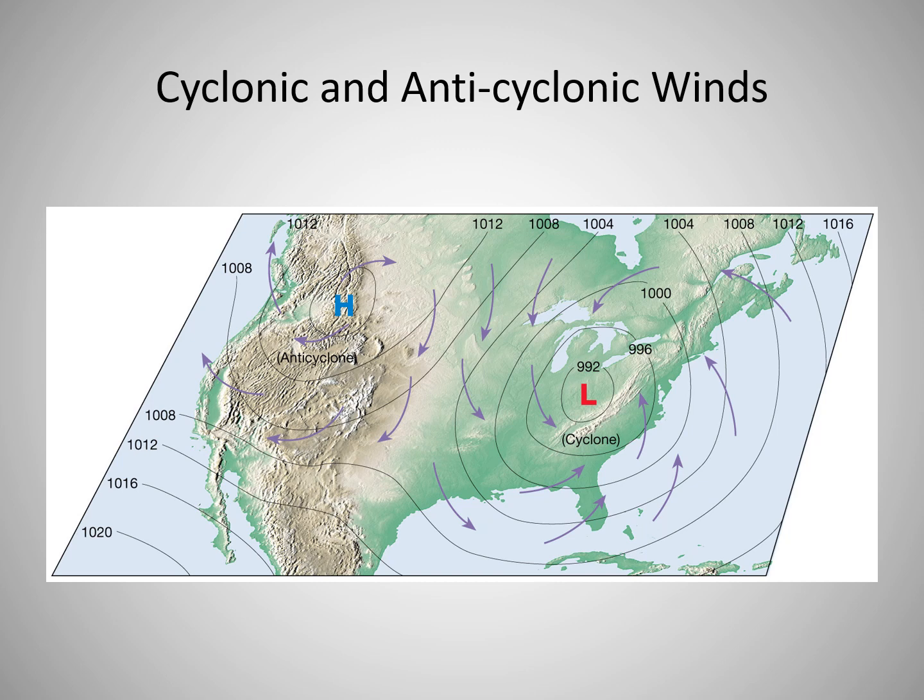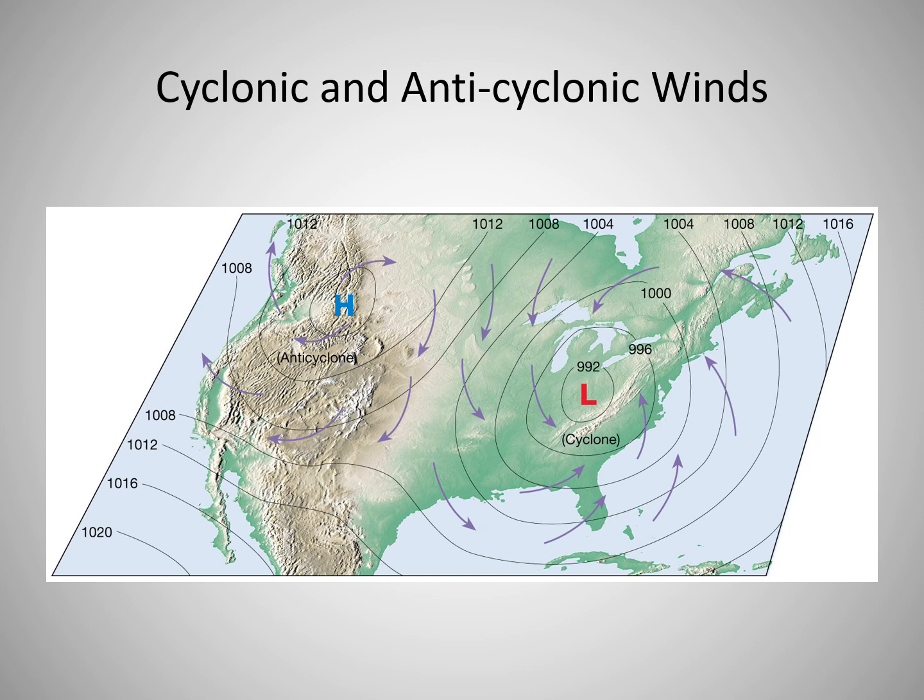There in the east, we have a low pressure system, a cyclone, red L. We have the winds, purple arrows, blowing towards the L, and they are blowing in a counterclockwise fashion. We expect clouds. They're not showing us. That's okay. They're only showing us part of the picture here. On the left side there, on the western portion of this map, we have a high pressure system, an anticyclone. Again, it is a blue H.